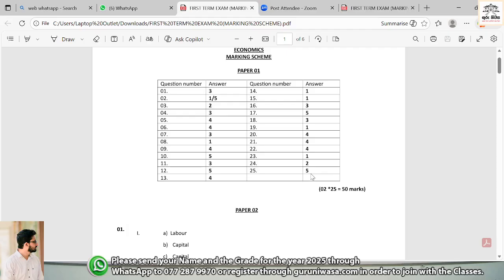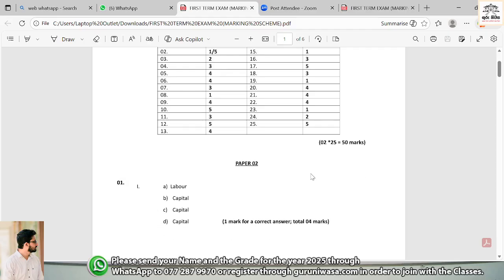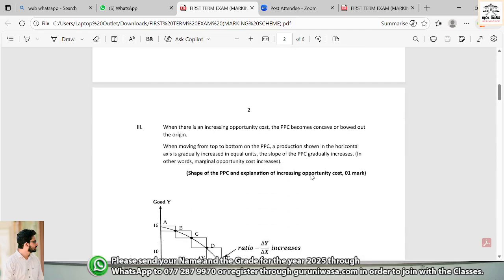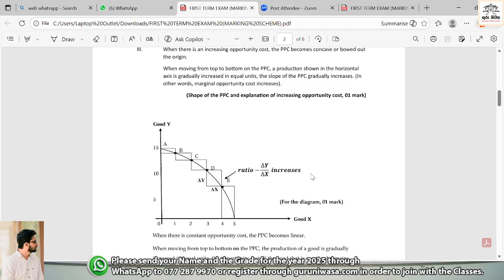Then the other main points: when explaining the production possibility curve, concave to origin or whatever, if you draw a PPC which is concave to origin, draw it including all points. For example, the increase in opportunity cost means when production of one good is increased by equal quantity, show that point on your PPC curve.